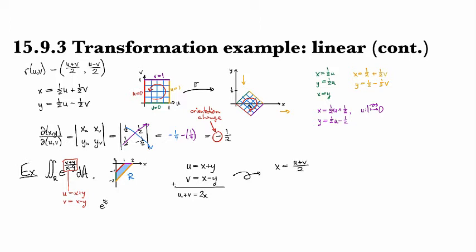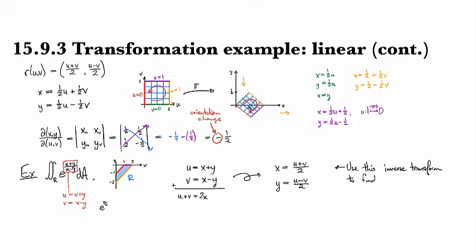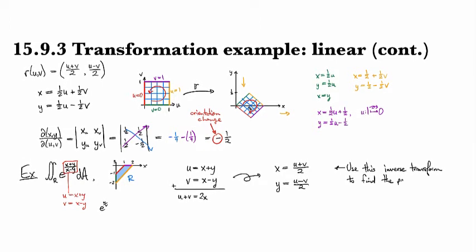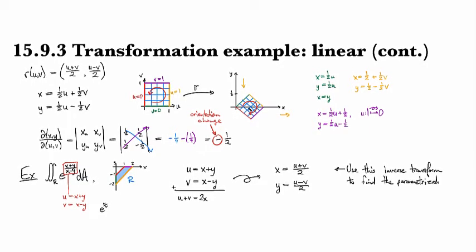And by a similar calculation, you get that y is (u minus v) over 2. And these are the coordinates that we worked out previously, right? So we can use this to find the parametrization domain. So this is our way of looking backwards.